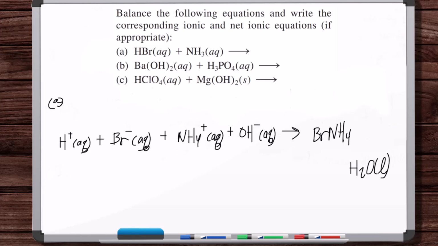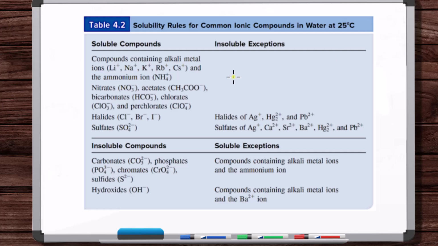And we want to check to see if this salt is soluble or insoluble. I'm not sure if I did that when we did the first perspective. So, ammonium: all ionic compounds that involve the ammonium cation are soluble with no exceptions.